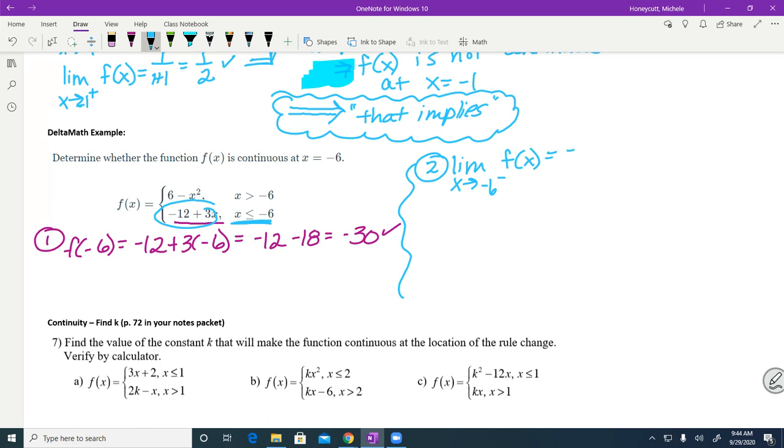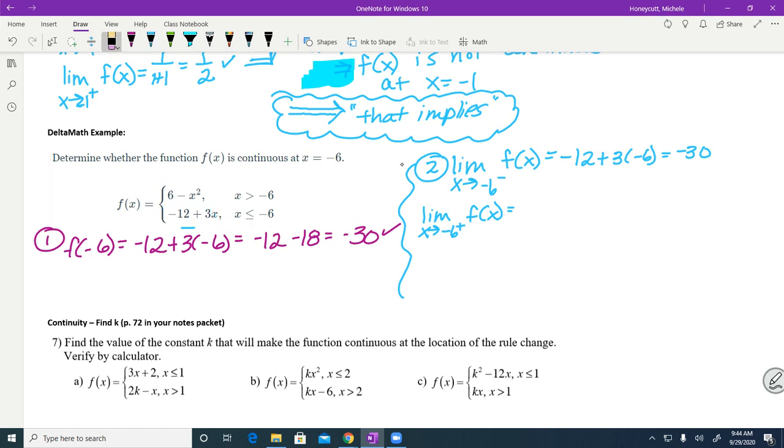So that's going to be -12 plus 3, let me try that again, going too fast. Negative 12 plus 3 times negative 6, again, is negative 30.